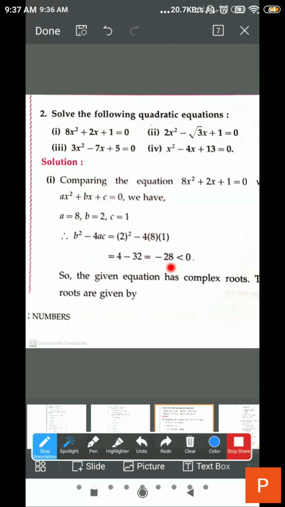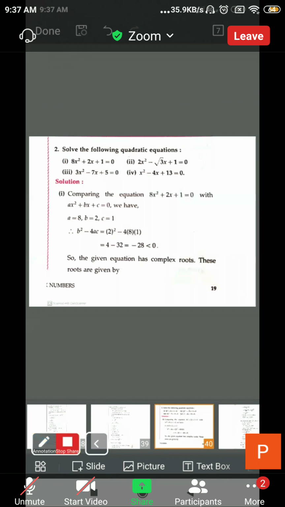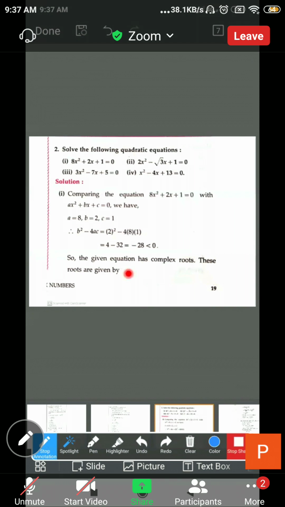That's why the given equation has complex roots. Whenever the discriminant, b square minus 4ac, has a negative value, the equation will always have complex roots.